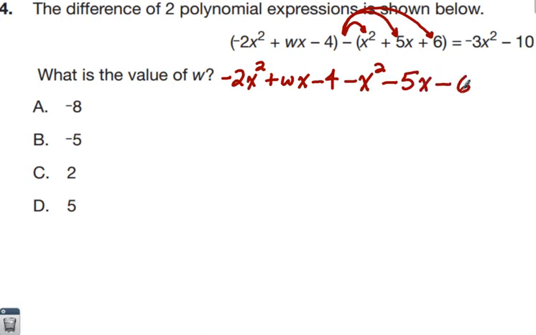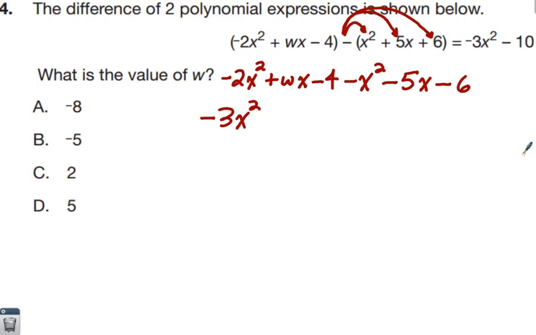And now what I'm going to look to do, as I utilize this particular strategy, is combine like terms. This term will combine with that term to make negative 3x squared, which, hey, big surprise, right? Not really, actually.